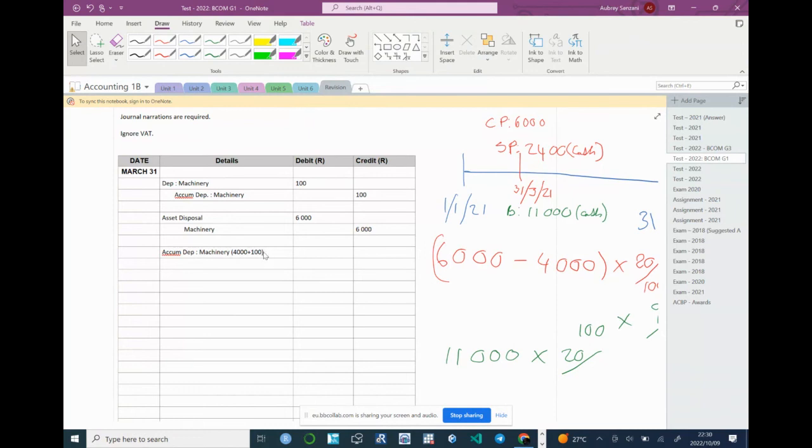In other words, the total you should have here is 4,100. And then obviously the other account is asset disposal. Right, okay. So that was that.